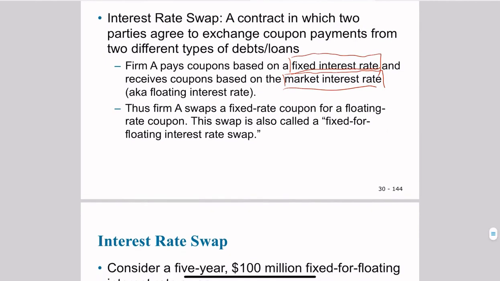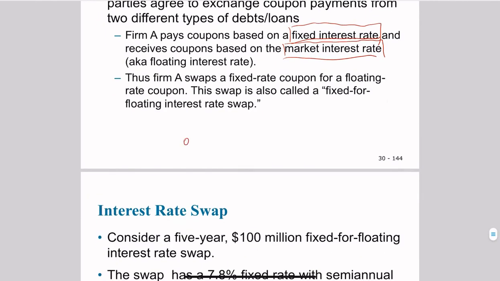More concretely, you can imagine that we have two firms. Okay? So let's say we have firm A and B. And let's say from firm A's perspective, it enters into a fixed to float swap. Now, what would the cash flow look like?